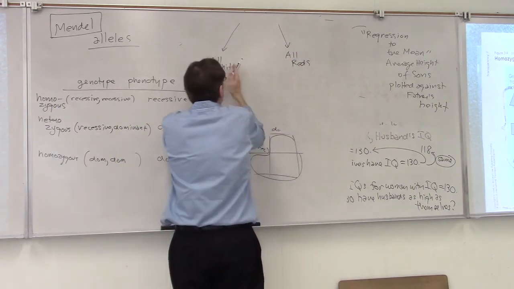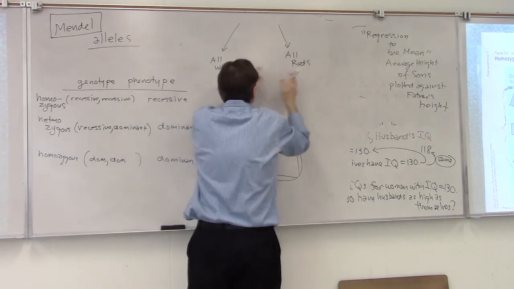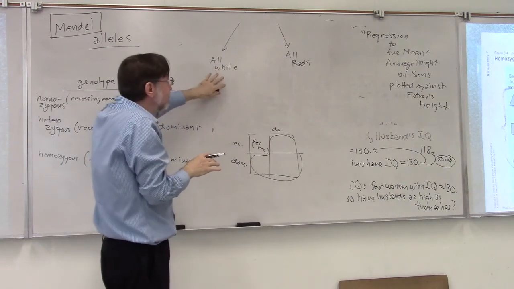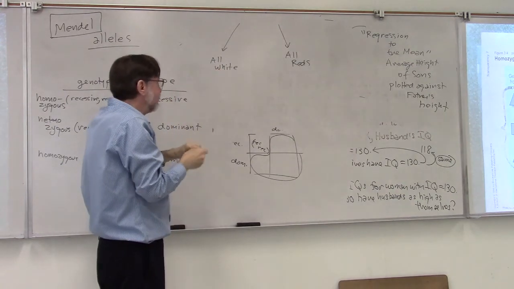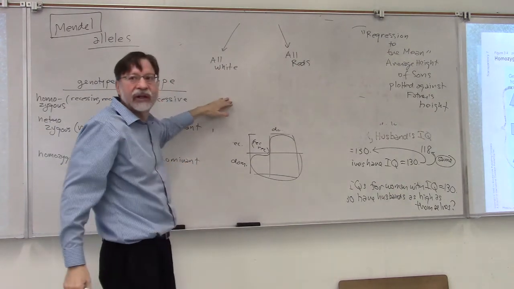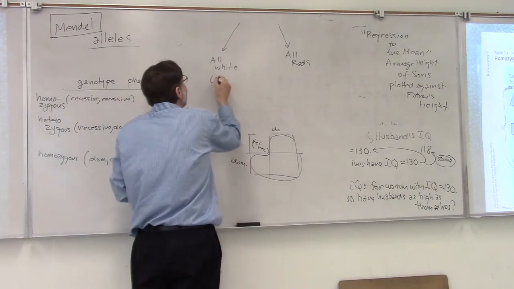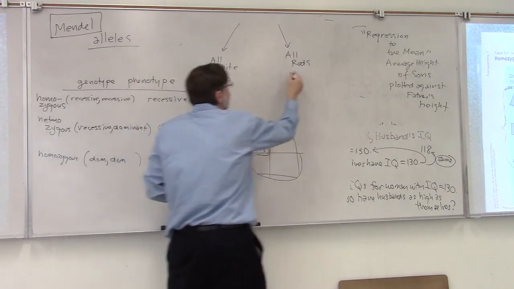He breeds whites with whites and reds with reds, and if there's ever a red flower that comes out, he gets rid of those plants until he thinks that if he breeds two of these together, he gets all white, and he now thinks he has homozygous plants. So these are all white, white, and these are all red.